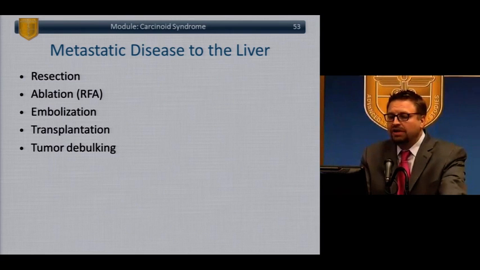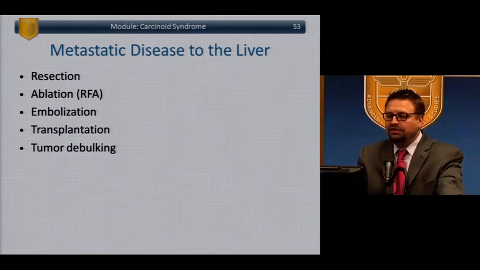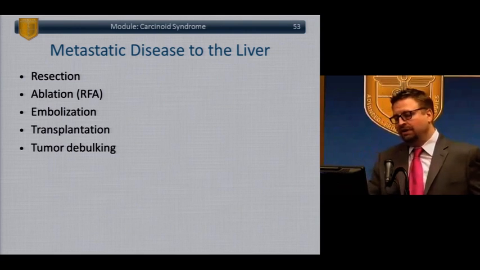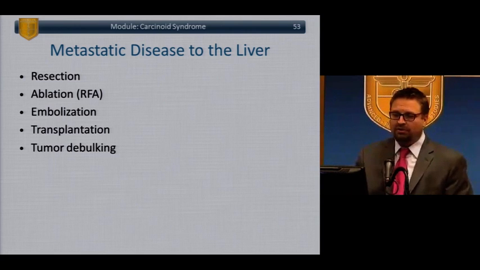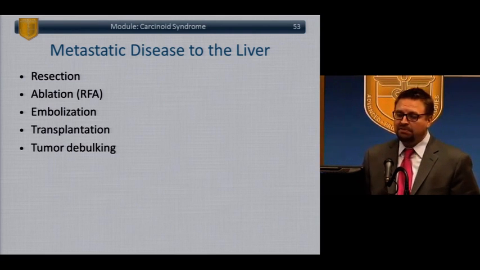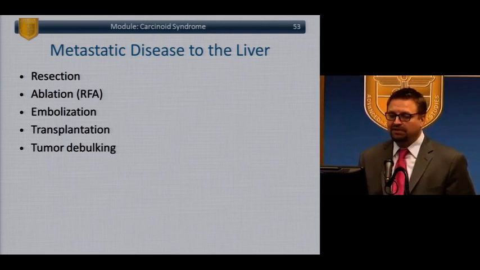So patients who do have metastatic disease to the liver should be evaluated for resection if they have a low burden of disease and it's amenable to resection. Non-resection options include ablation, like with radiofrequency, embolization, and some patients may be eligible for liver transplantation.